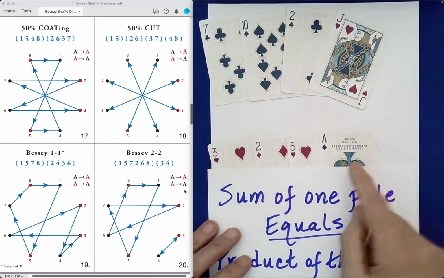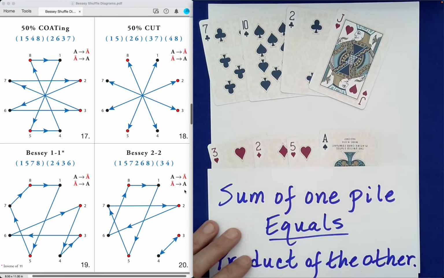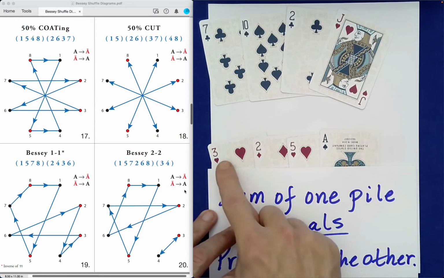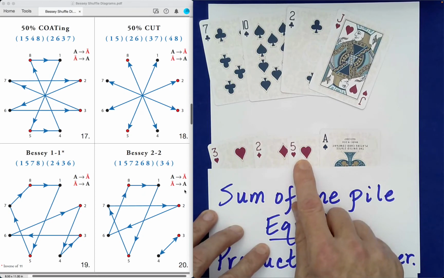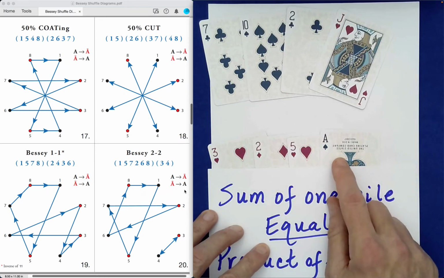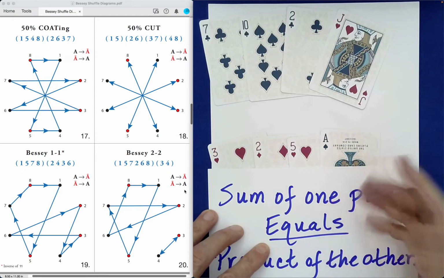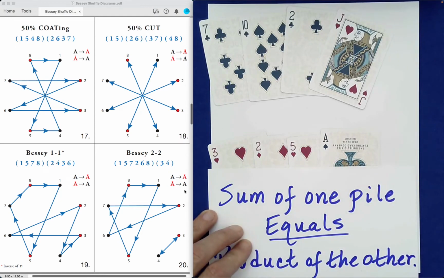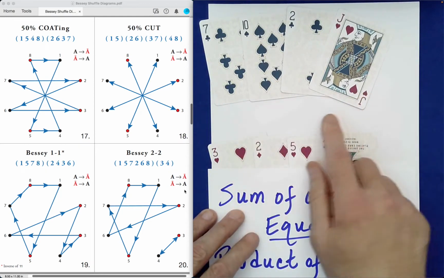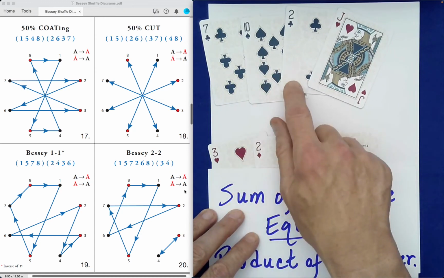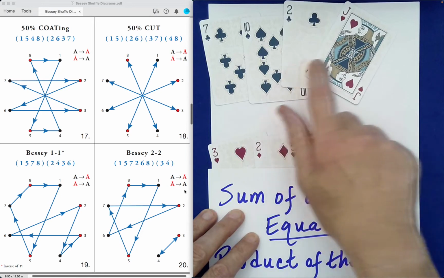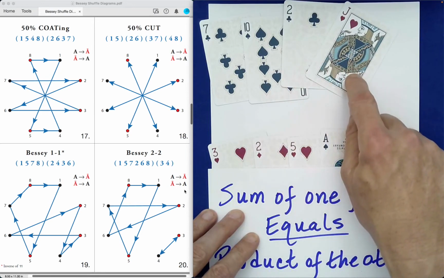Let's see. If we multiply these values, 3 times 2 is 6, times 5 is 30. We normally associate ace with 1, so 30 times 1 is 30. What about the sum of these over here? 7 plus 10 is 17, plus 2 is 19, plus 11 is 30.